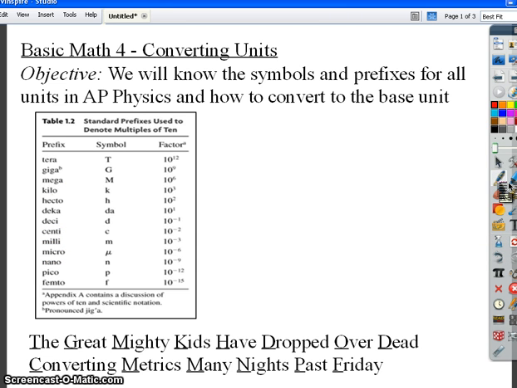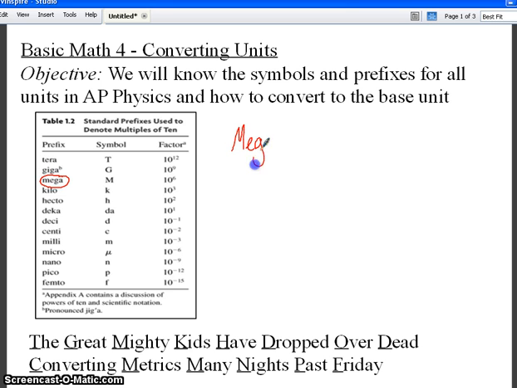So let's go to computers because people typically know that a megabyte is 1 million bytes. A million is 1 times 10 to the 6th. So you can see mega, capital M, 10 to the 6th. So that's where we get the term megabyte. A gigabyte is a billion bytes, or 10 to the ninth.